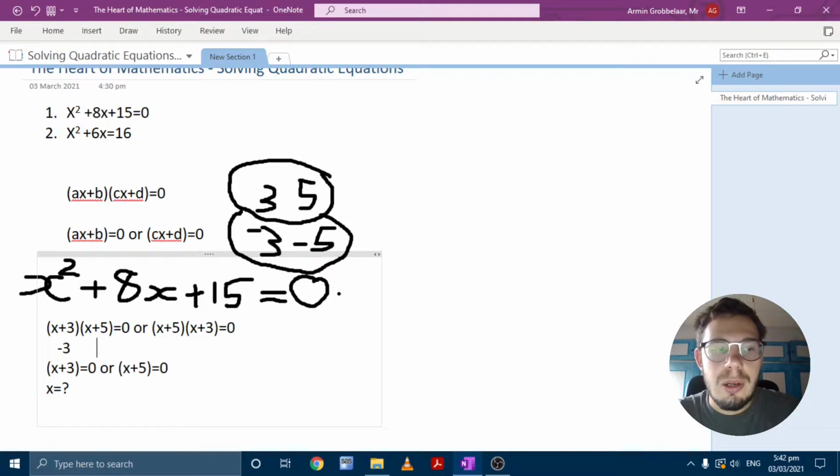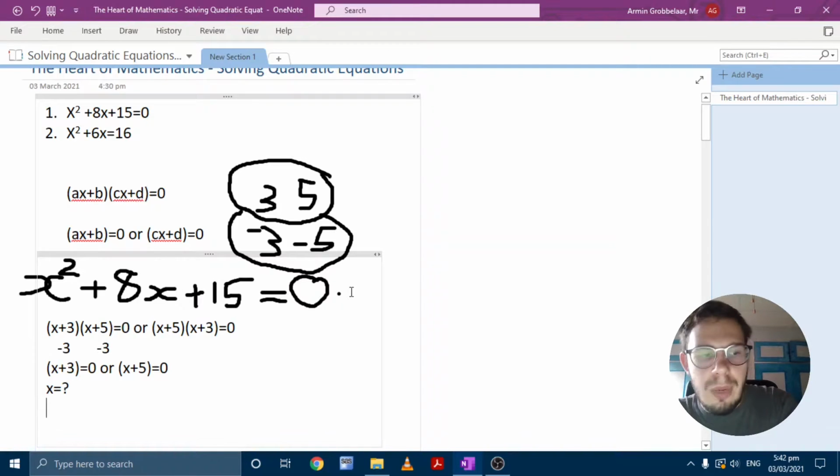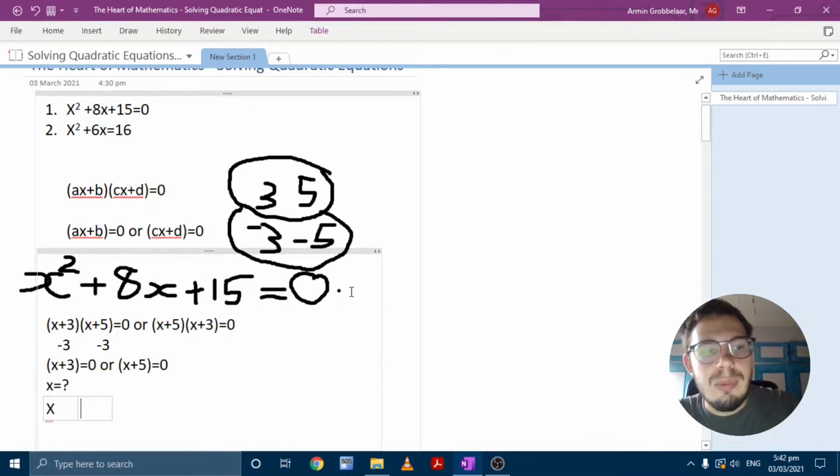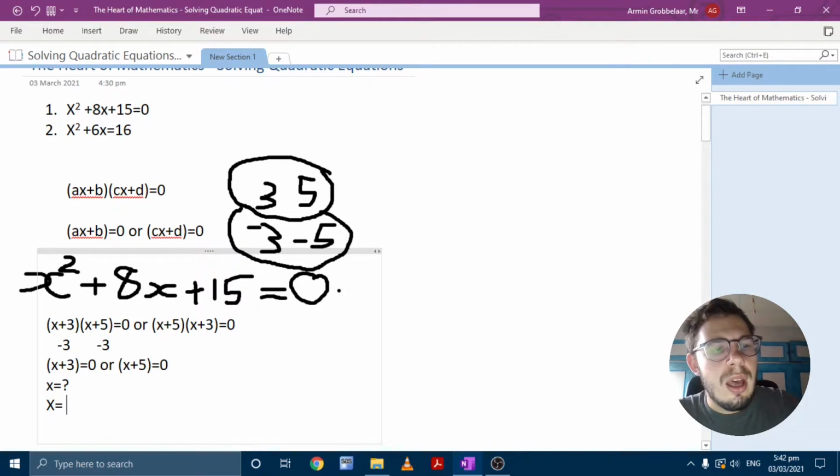But because I did it on the left, I also have to do it on the right. So I'm left with x, and plus 3 minus 3 is just 0, is equal to 0 minus 3, which is minus 3.